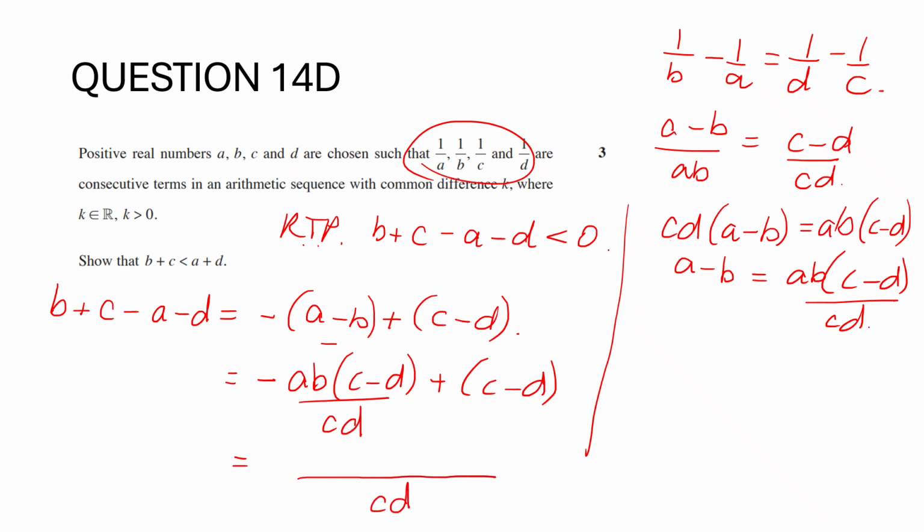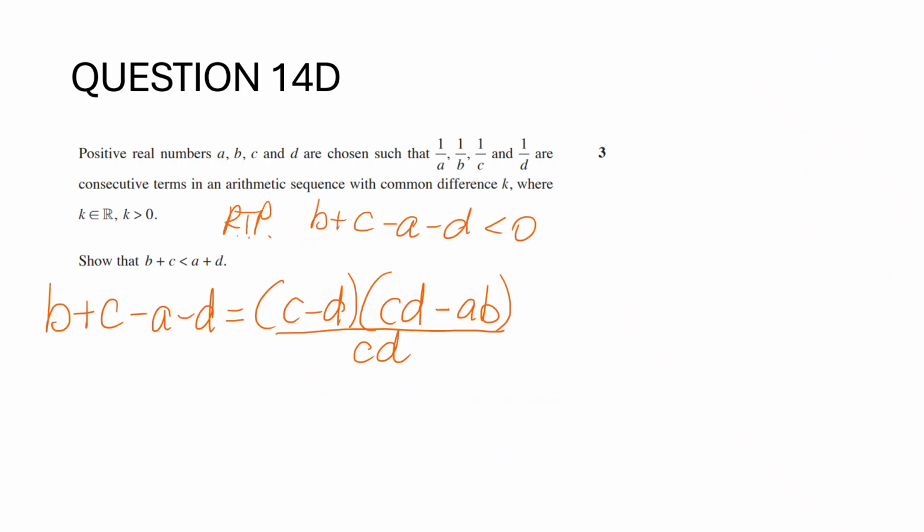I'm going to bring the c minus d out the front, and we will get cd minus ab. All right, we want to see if this is less than 0. We need to now prove that this is less than 0.